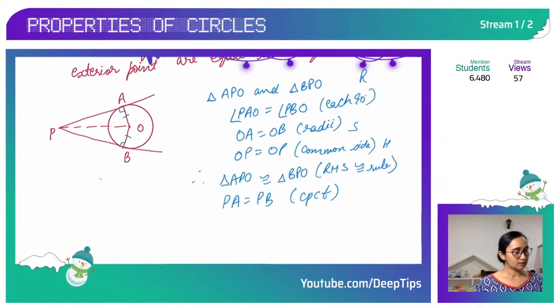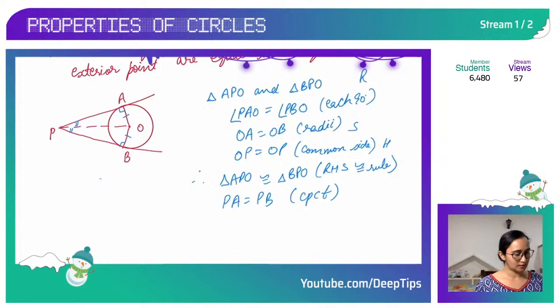Then, you know what, there is one important piece of information: when we prove two triangles congruent, there are three pairs which are proved using CPCT. So one is these two angles, because here sides were already given, one pair of sides we have proved.